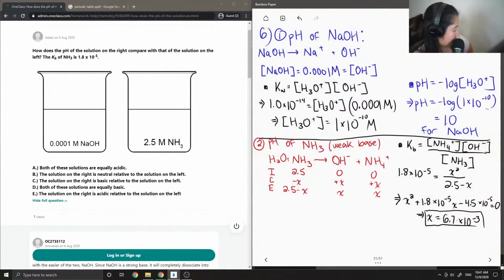Okay, so now that we have our x value, this is also the same as the concentration of our OH minus ion. So again, let's recall that Kw is equal to the concentration of H3O plus times the concentration of OH minus.